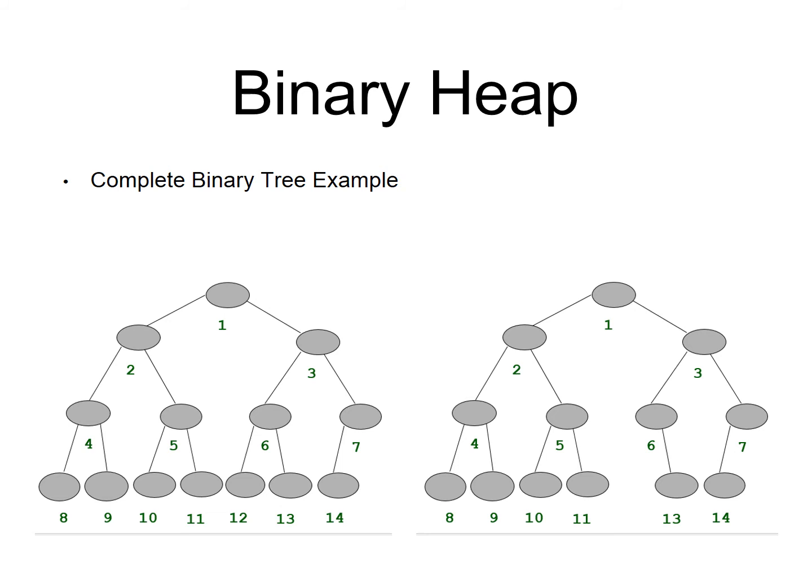After the creation of 7, 8 will start from the 4th node onwards. So 8 will be created as the 4th node's left and 9 as the 4th node's right. In this way, top to bottom, and left to right, the tree nodes are created. If you create a tree in such a fashion, that is called a complete binary tree.